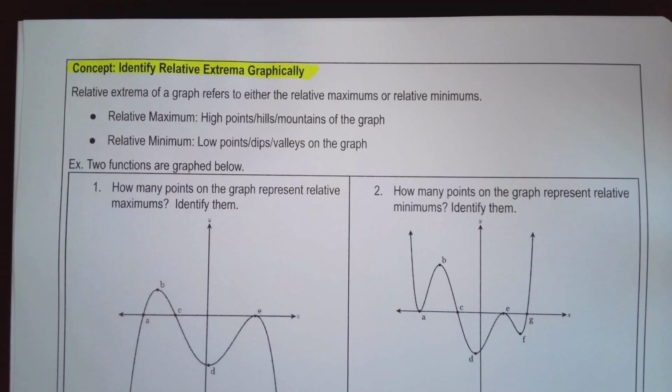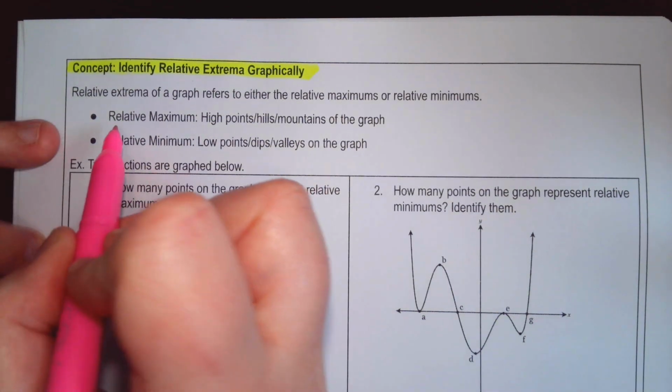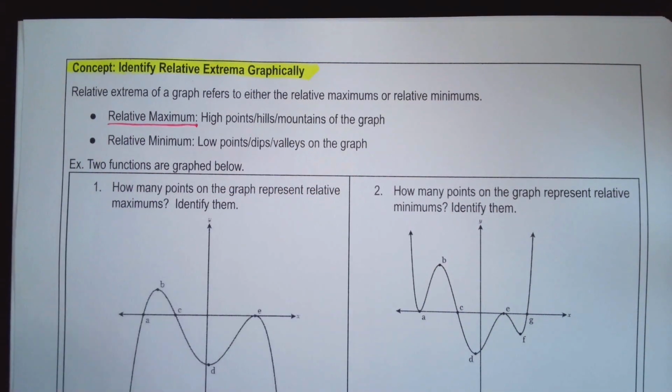All right, we're continuing our hodgepodge of polynomial graphs. So our next concept is identify relative extrema graphically. Relative extrema of a graph refers to either the relative maximums or relative minimums. A relative maximum is going to be a high point or a hill or a mountain of the graph.